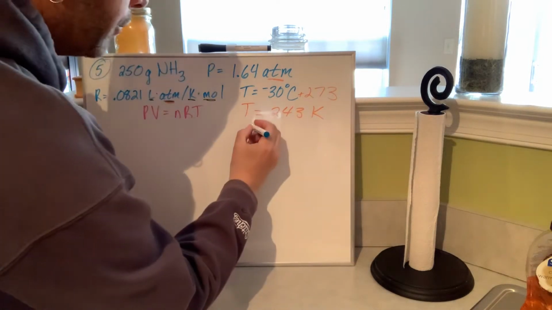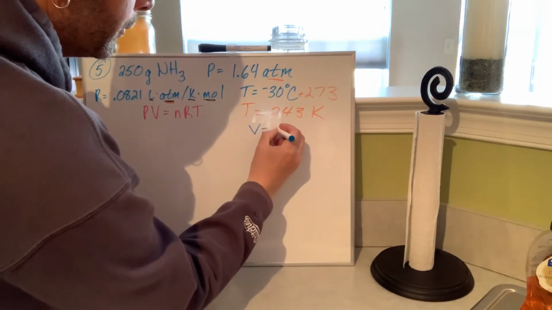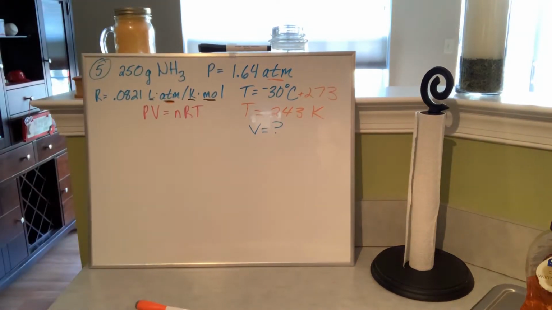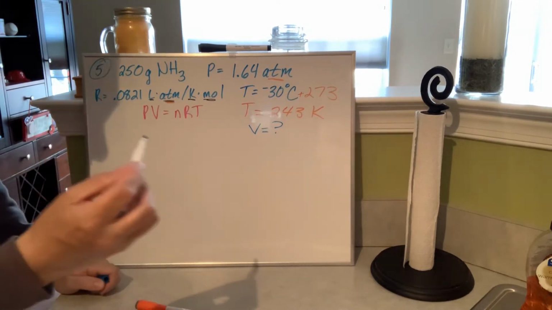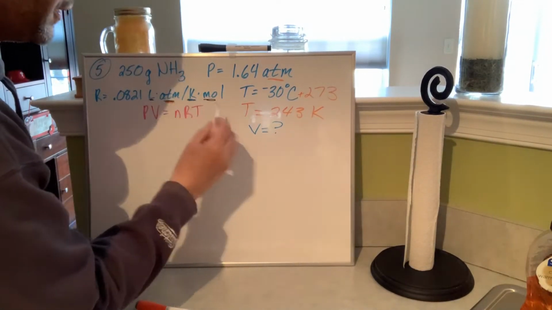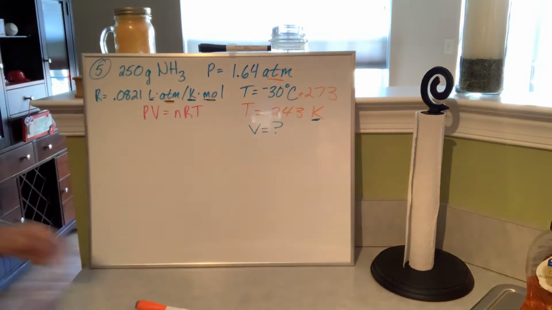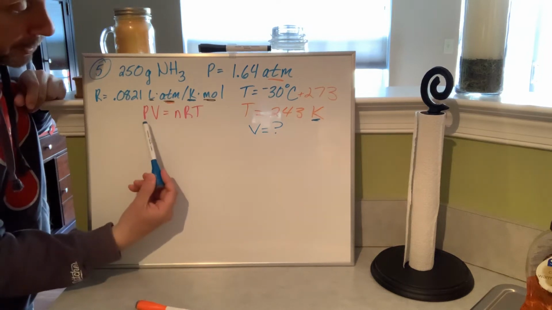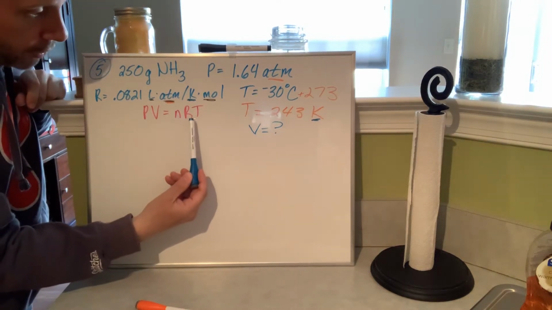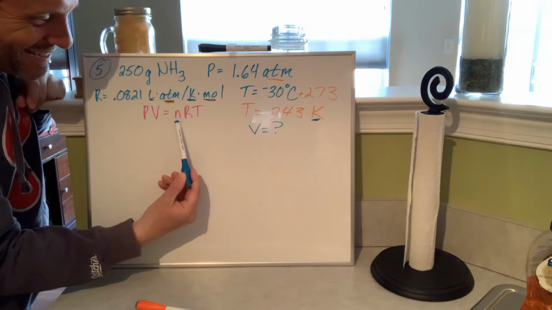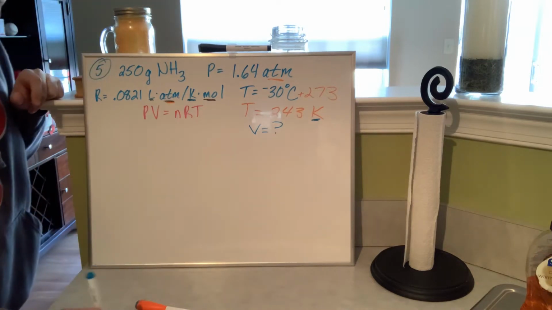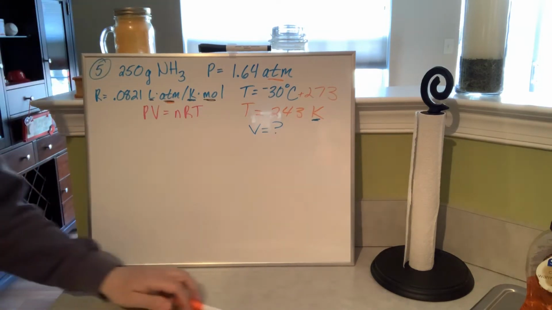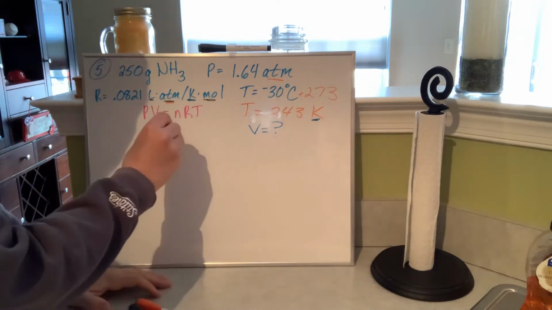Now I'll rewrite that we're still looking for the volume. Okay, so now we have two things working for us, right? We got Kelvin in the constant and we got Kelvin in the temperature. The only thing is, if we need to find V, that means we need P, R, T, and n. Well, there's only one thing that we don't have, and that's the n value.